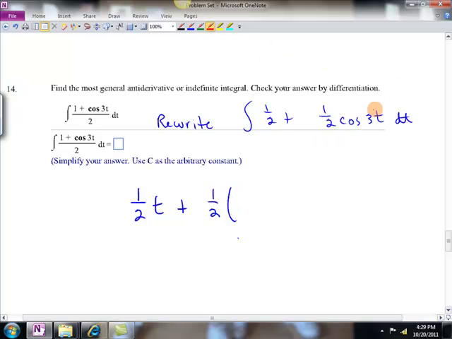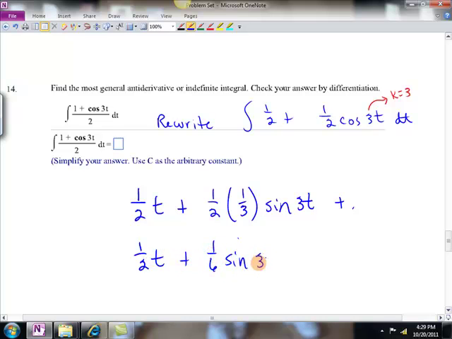Remember, here is your k. So we have times 1 over 3. Integral of cosine is sine 3t plus c. So we have 1/2 t plus 1/6 sine 3t plus c.